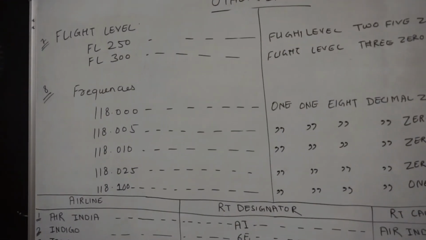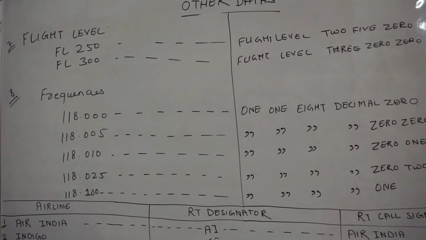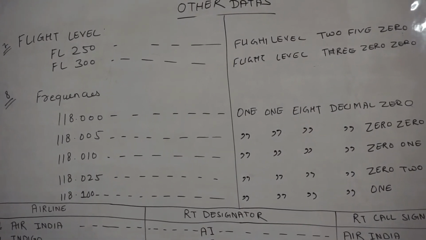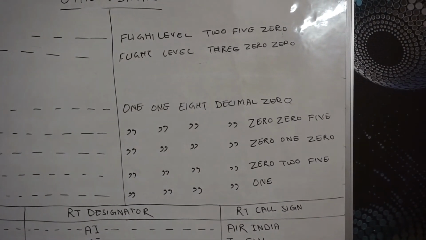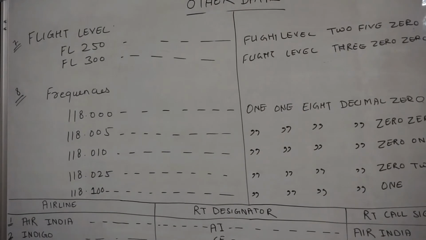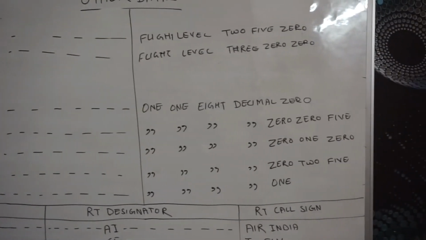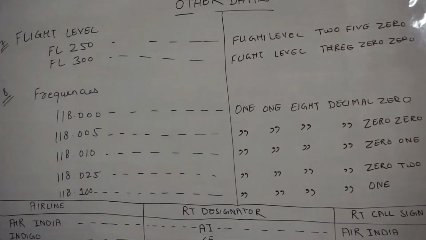Now we'll come on to frequency. You can see the frequency is 118.000, and we will transmit it as 118.0. Now the next is 118.005. We will transmit it as 118.005.